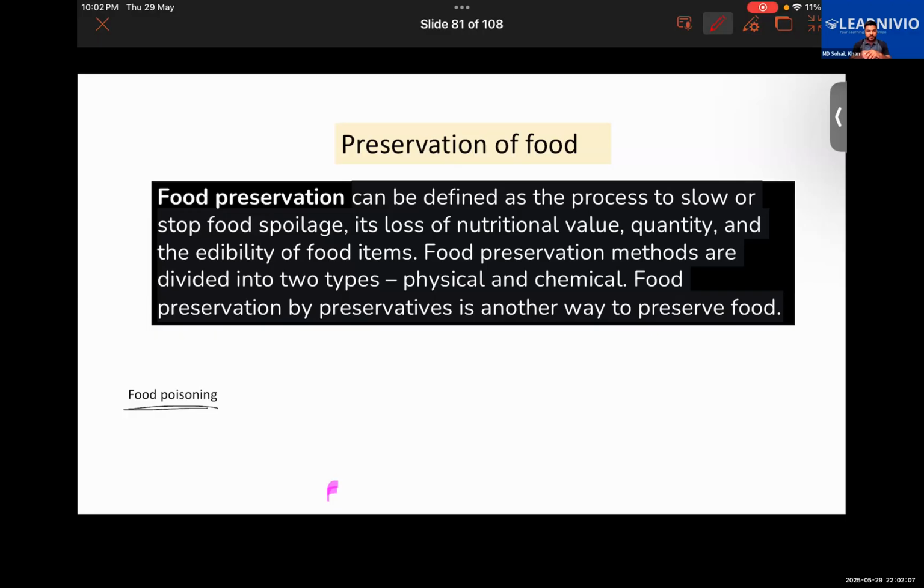So when we consume them, we suffer from diseases. If a person has suffered from food poisoning, he will have the following symptoms: vomiting, diarrhea, that is loose motion, pain in the abdomen, headache, and even fever.